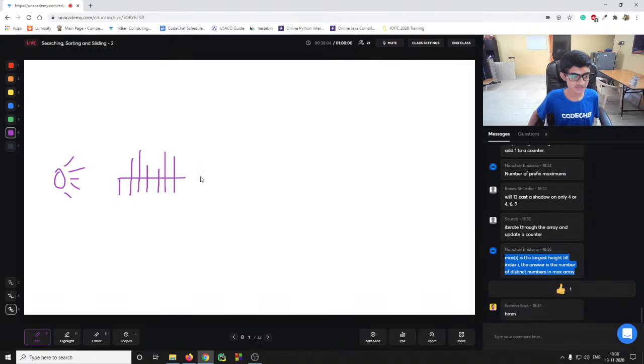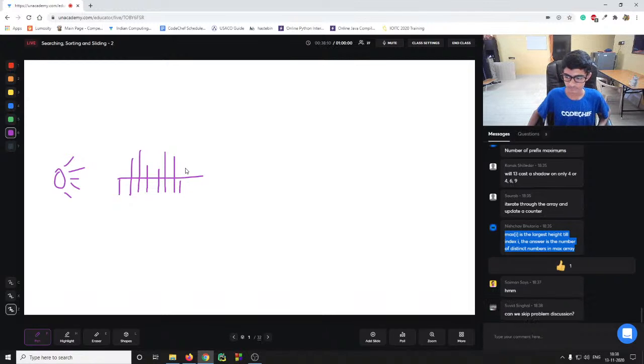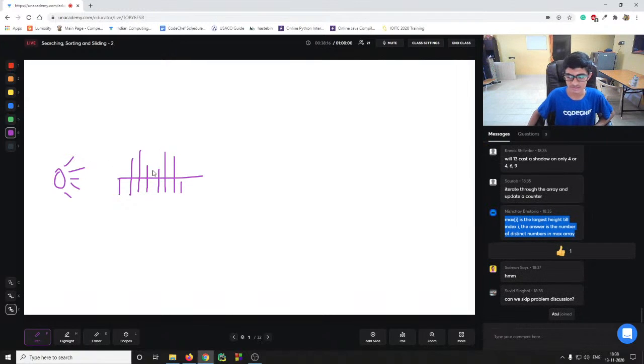So this stick will cast a shadow on every value smaller than the current stick. So anything that is smaller, for example, like this, will be eliminated because the sunlight detectors will be removed from the top of this stick. So you just have to remove every value smaller than the current value.